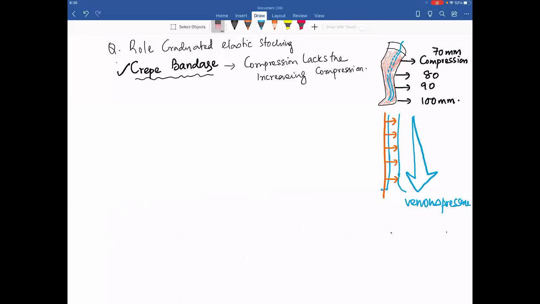Before I go to surgery, any role of medications, or do medicines have any role?